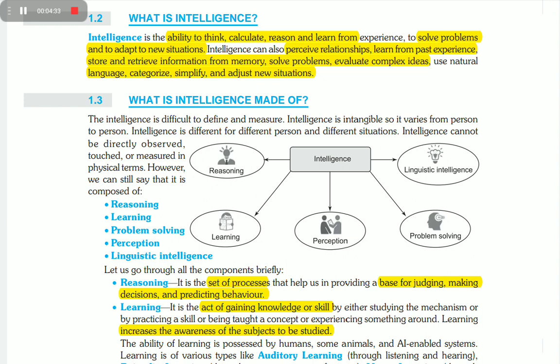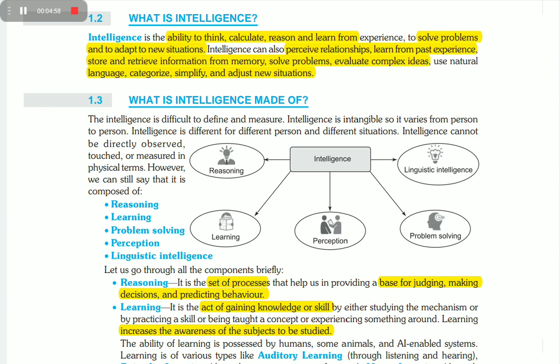Then solve problems, evaluate complex ideas like Albert Einstein did. He generated the theory of relativity, that is E is equal to mc square. Then we categorize the information, simplify it, and adjust to new situations or new capabilities or new challenges in our life.